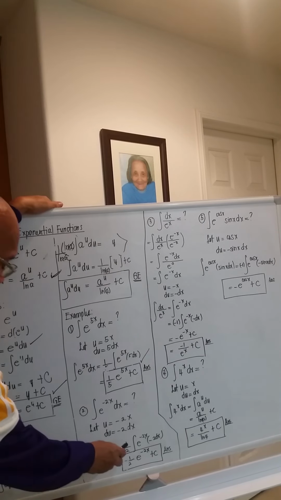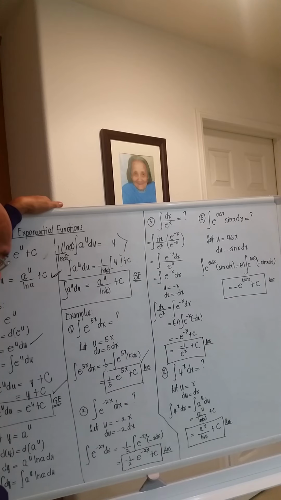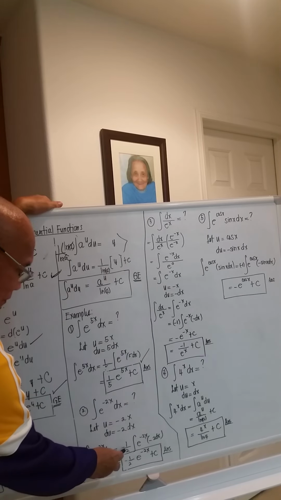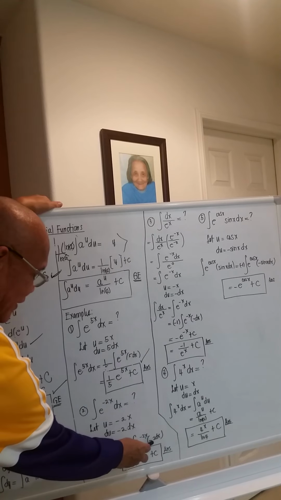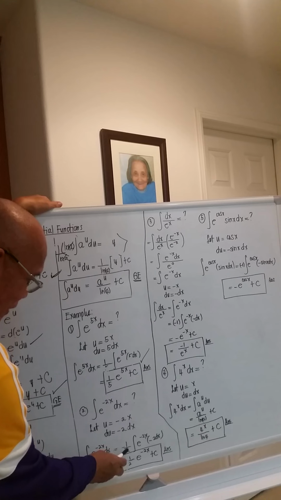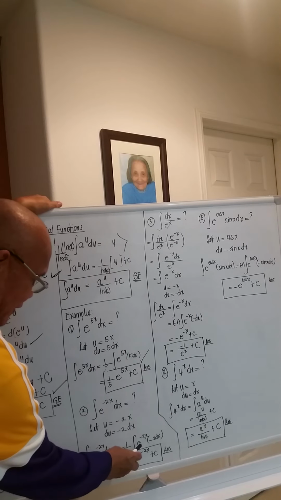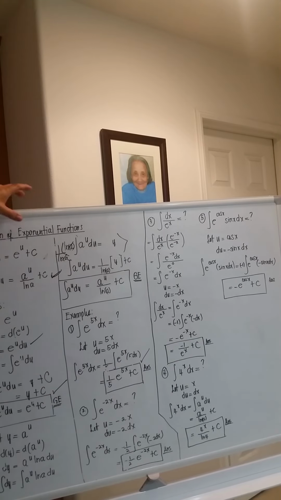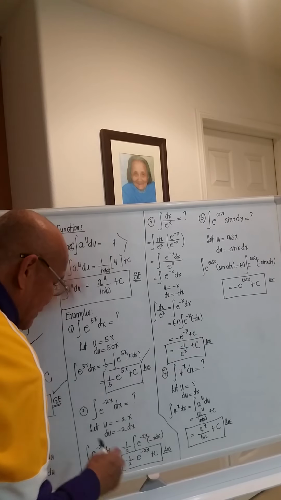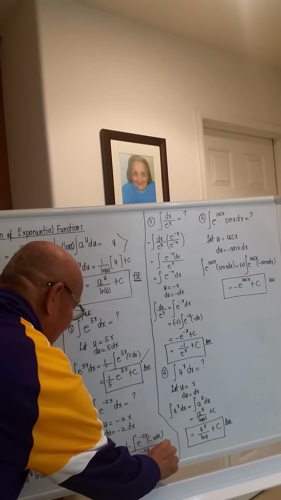So we will place negative 1/2 outside. It should be negative because there's a negative inside. Right? So upon placing negative 1/2, the integral of this one now falls under formula number 1. So it should be negative 1/2 e to the minus 2x plus c.